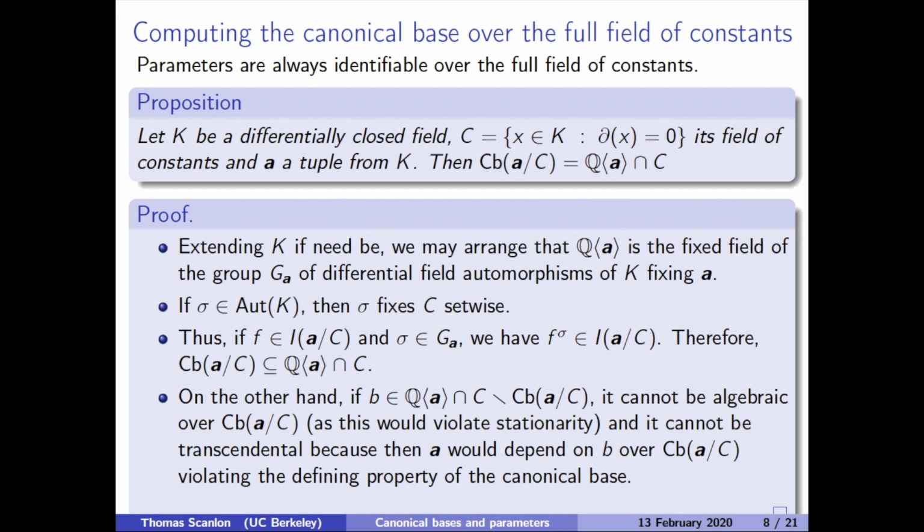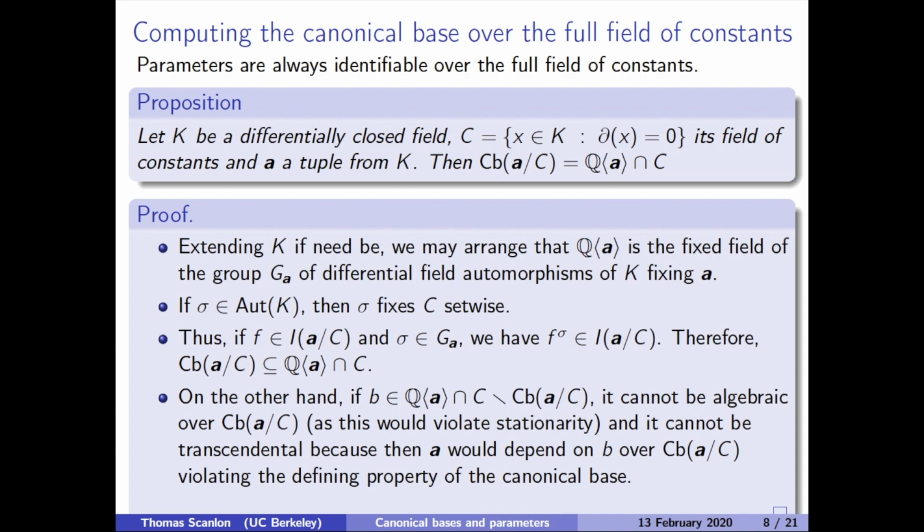Right, but this differential field has a solution of a differential equation. There could be some complicated constants in there. Okay, well, you don't know them in advance when you start with the system. That's true. That's actually a big problem, and that's part of why things fall apart later on. Yeah, you're right. So to make this work, the argument is assuming it's working inside of a differentially closed field.